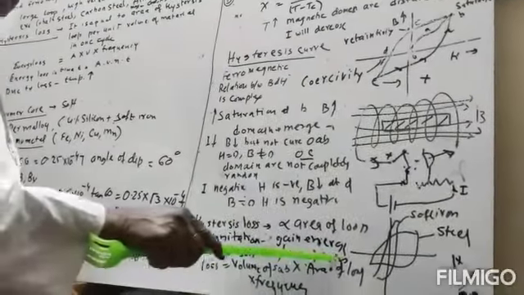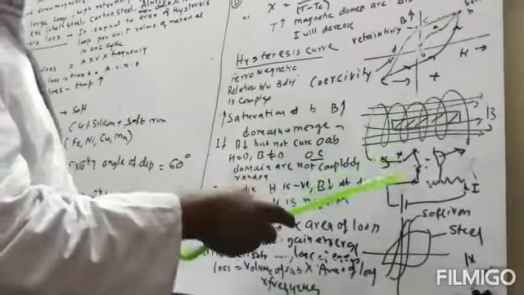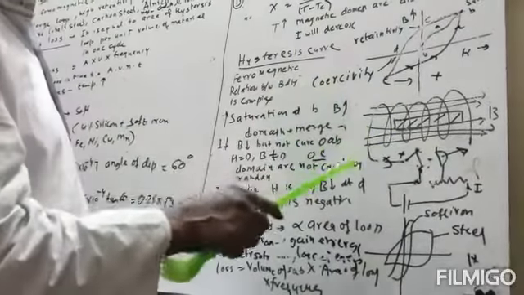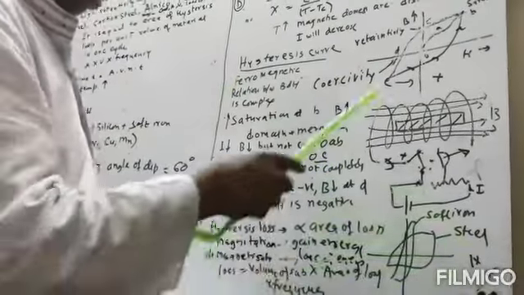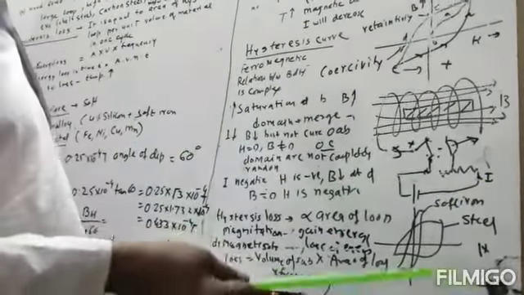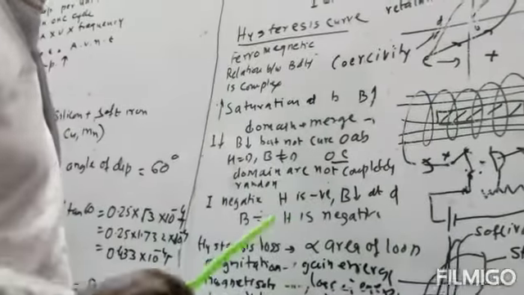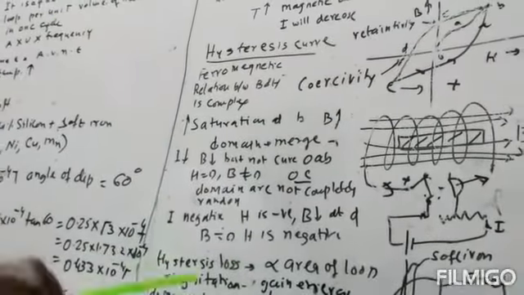So it will be decreased in the form of heat. So when it is magnetizing, the energy is increasing, and when it is demagnetizing, then the energy is liberated, or energy is lost. So energy is lost, and this loss of energy will appear as heat.